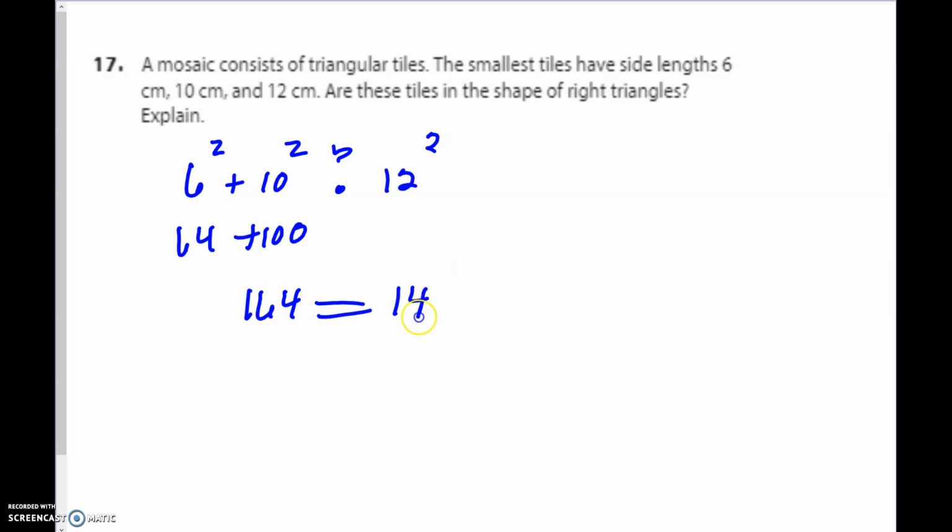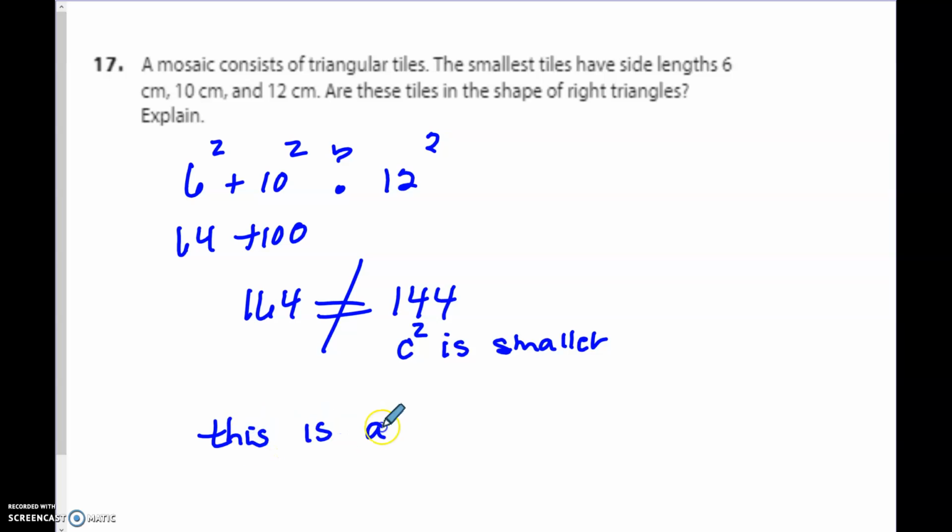Does that equal 144? That does not equal. So c squared is smaller. Because it's smaller, this is an acute triangle.